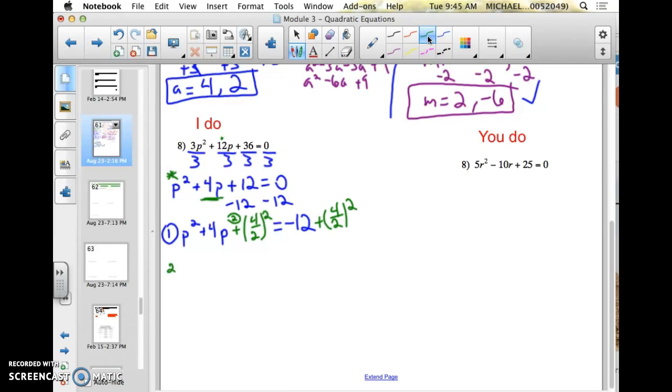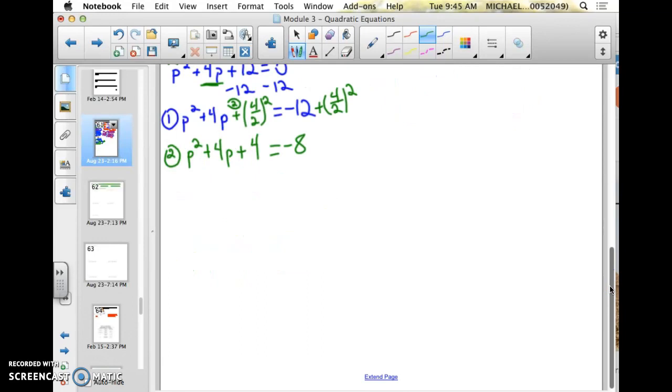So that leaves me with p squared plus 4p plus 4 divided by 2 is 2, squared is 4, equals negative 12 plus 4 is negative 8. So far, so good. Now I have to get it into vertex form in step 3.